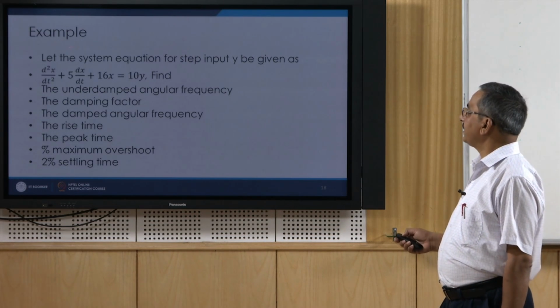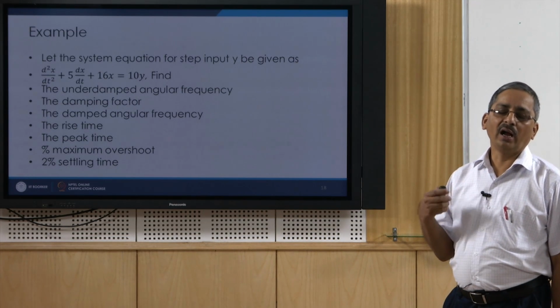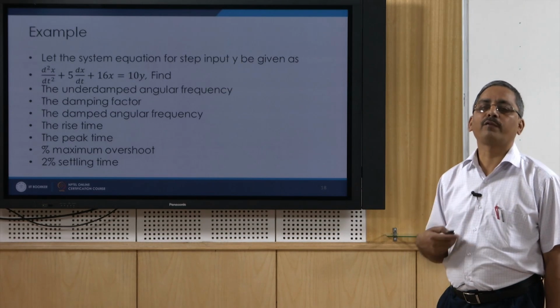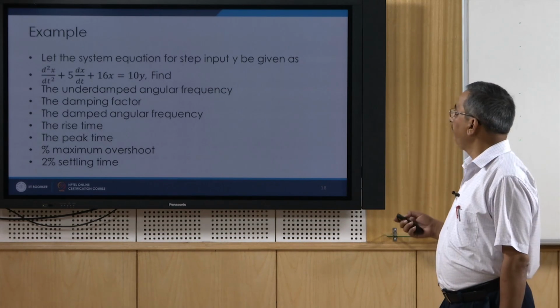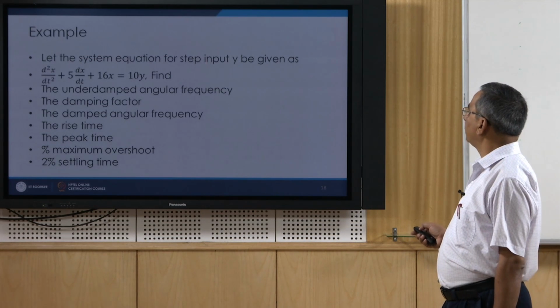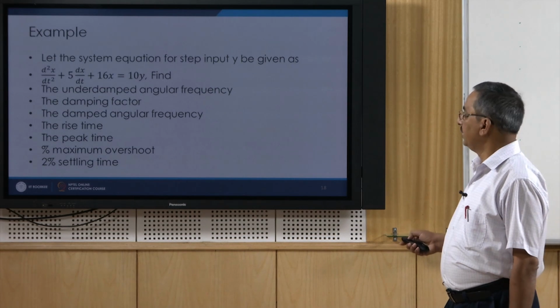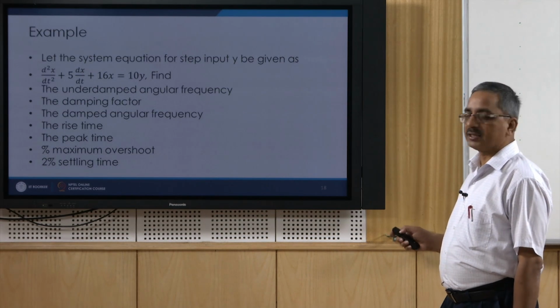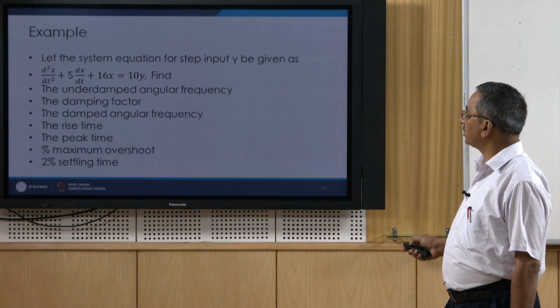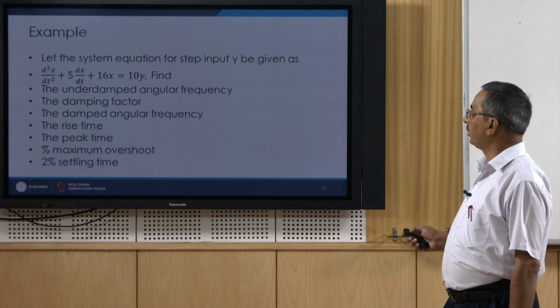Now, let us take an example to illustrate how we can find out these performance parameters. Say the system equation for step input is given as this one. This is a second order system, as we can see: d square x by dt square plus 5 dx by dt plus 16 x is equal to 10 y.